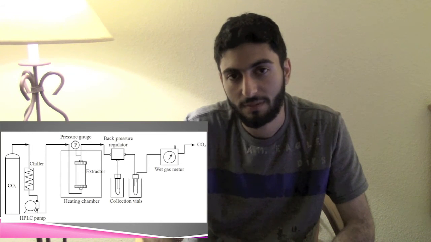Depending on the pressure that we're using, and of course the temperature, we can decide what we want to extract from those petals. Do we want to extract the waxes or the lipids, or the essential oil? So that depends on the temperature and pressure. But here, let's say we will extract the essential oil. So a good temperature is 50 degrees Celsius, and a good pressure is about 100 bar.